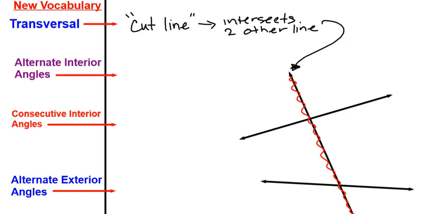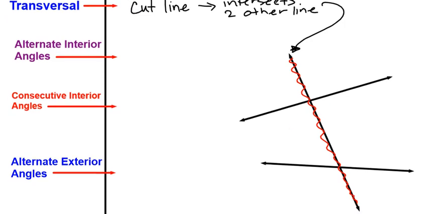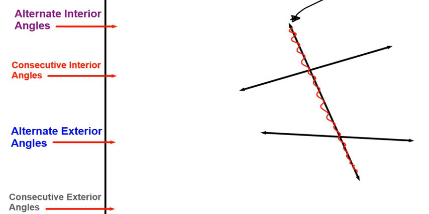From there, we're going to define all of these angles that we have here. So if you look at the terms that we have, notice that we have interior angles and we have exterior angles. The first thing that I want you to do is to highlight what I would consider the interior of the picture. So with your pencil, shade that lightly.